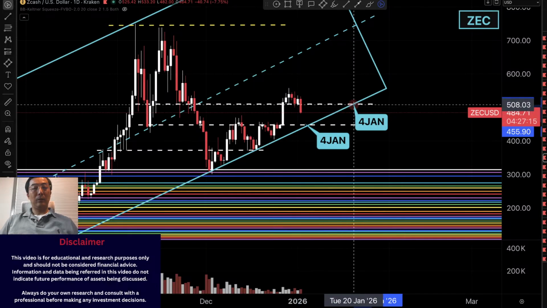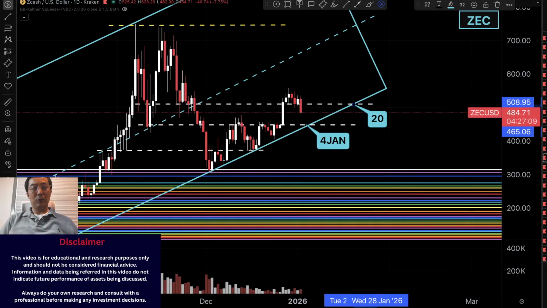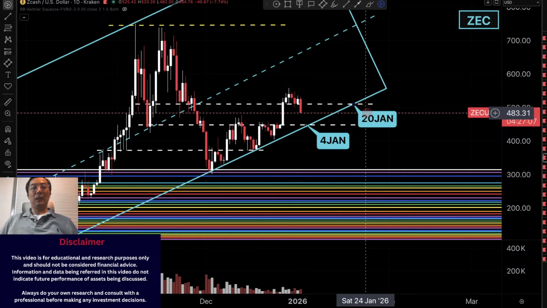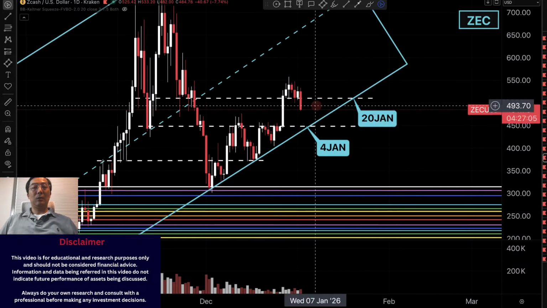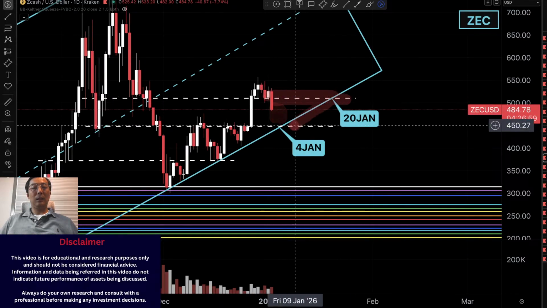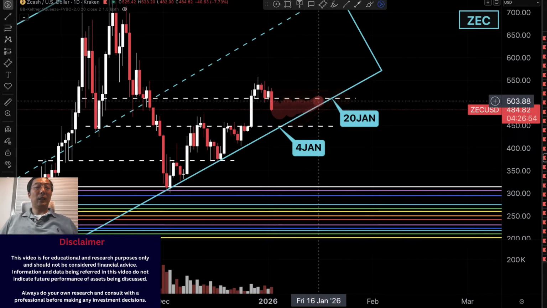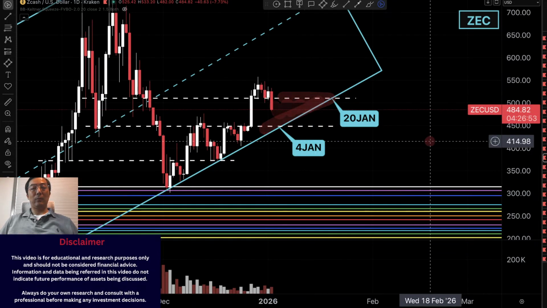So if 4th of Jan proves to be a non-issue for the uptrend to continue, then Jan 20th is going to be another one, because the price currently is trading underneath that line, and it is going to naturally head towards the tip of this triangle.